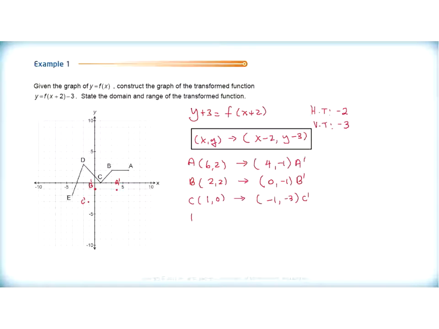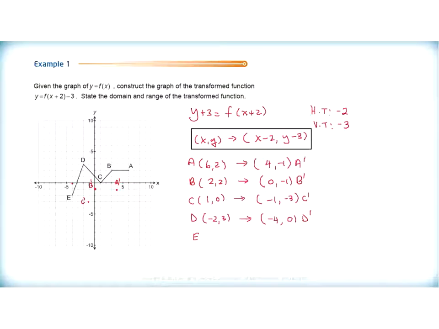Okay, quickly let's do D. Coordinates of the point D is -2 and 3. Plug that into your mapping rule. -2 subtract 2 is -4. And 3 subtract 3 is 0. That will be the coordinates of D prime, -4 and 0.